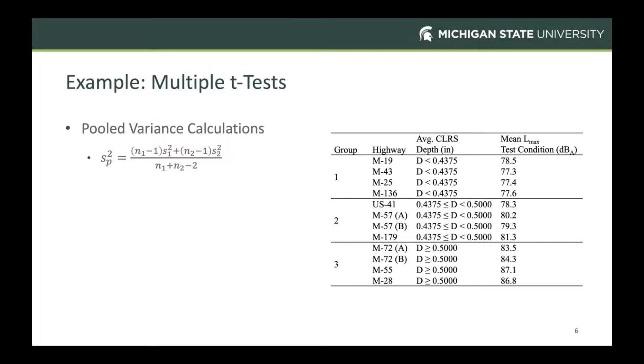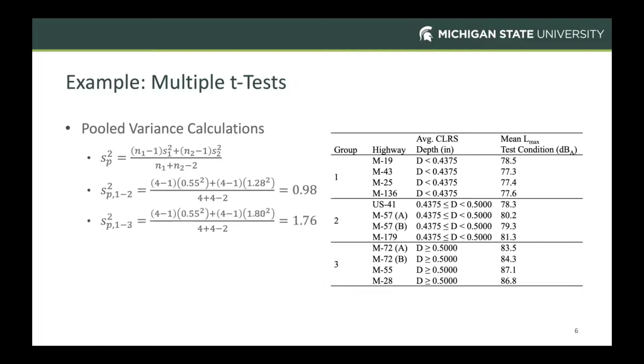And so consequently, in this instance, since we've got equal sample sizes of 4 sites in each of the 3 groups, this will end up being just a straight line arithmetic average of the variances within each of those respective samples. And so the pooled variance when comparing group 1 to group 2 is going to be 0.98.